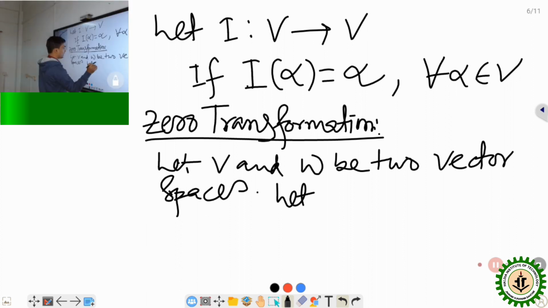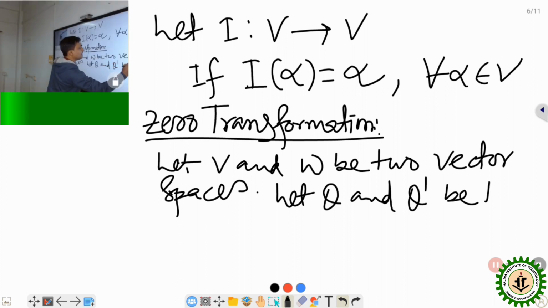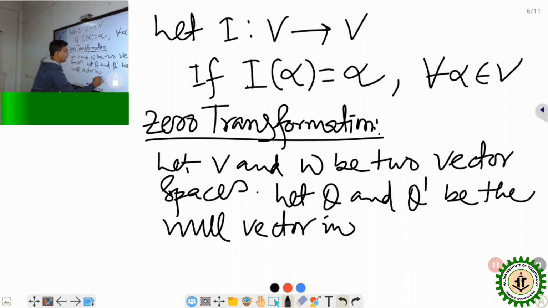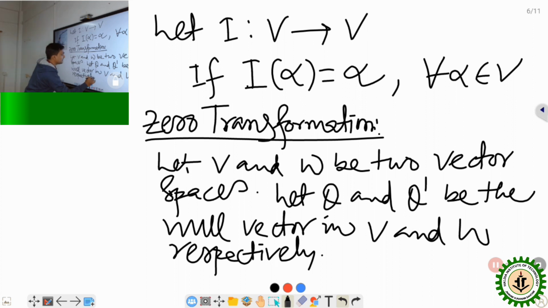Let theta and theta dash be the null vectors in V and W respectively.